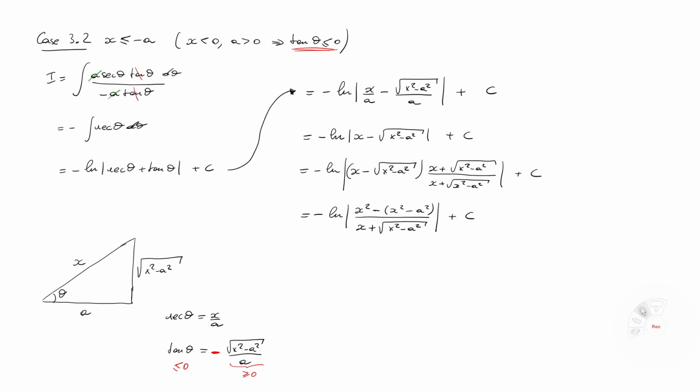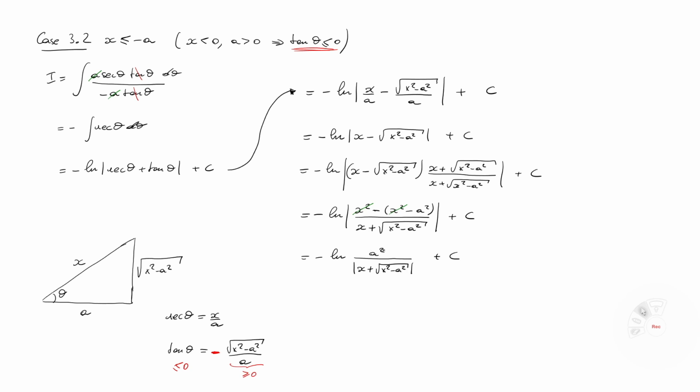Okay, so now here the x squared and the x squared cancel, and we have minus the logarithm of a squared over x plus square root x squared minus a squared plus c.